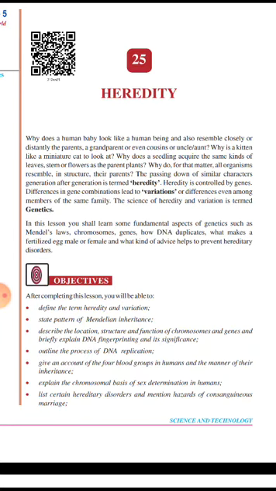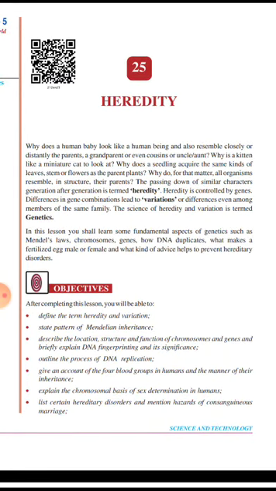Genes are the genetic material in which this information is stored in our body. That we have to remember. If there are any differences in the gene combinations, it leads to variations or differences. For example, father and mother both have different genes.